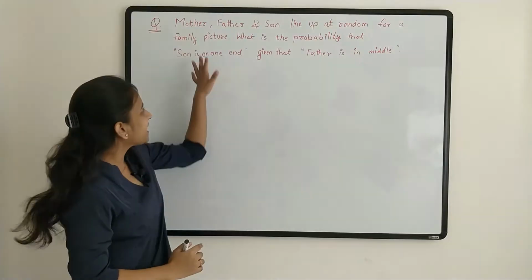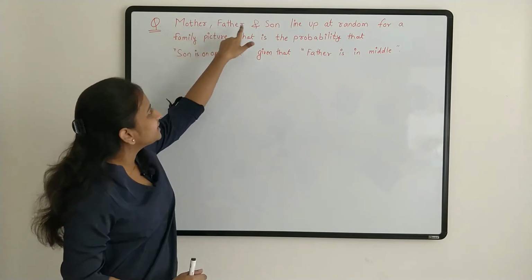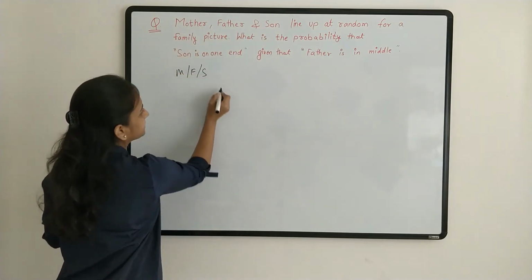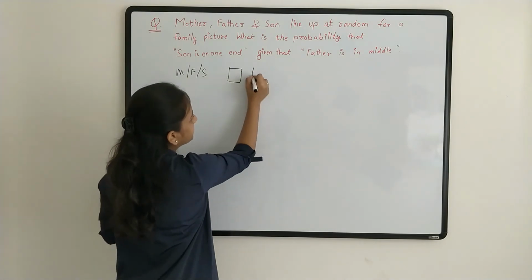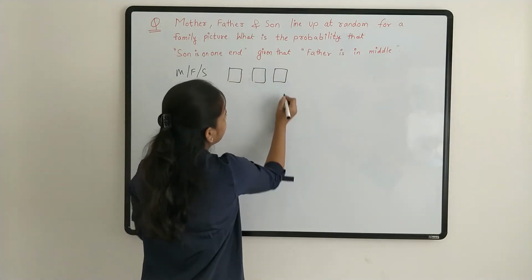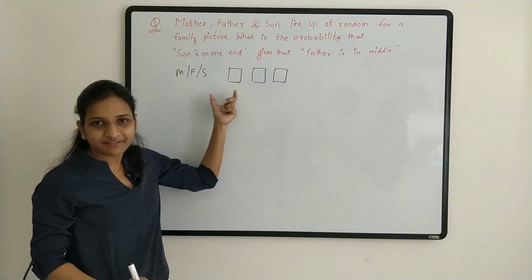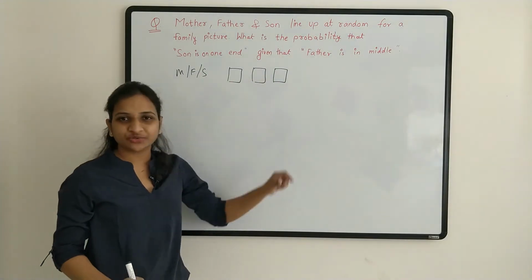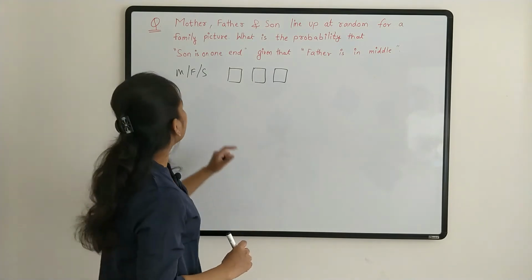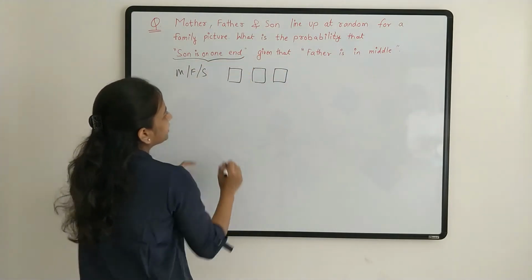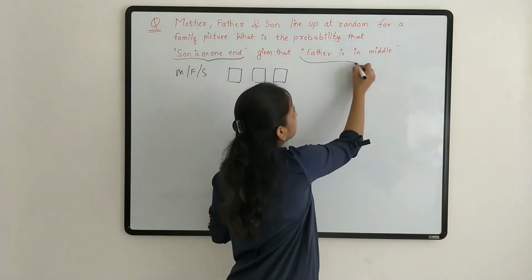Let's first find the sample space. Mother, father and son are lined up for the family picture. Then the positions of these, different combinations of these, are our sample space. Then what is asked? The probability of this event given that this has happened.